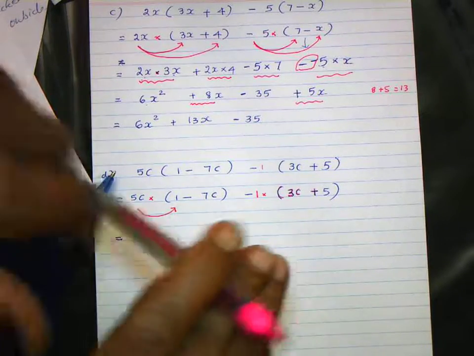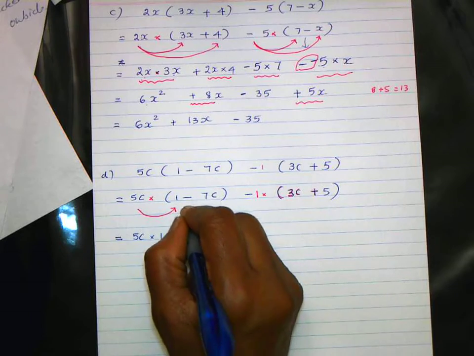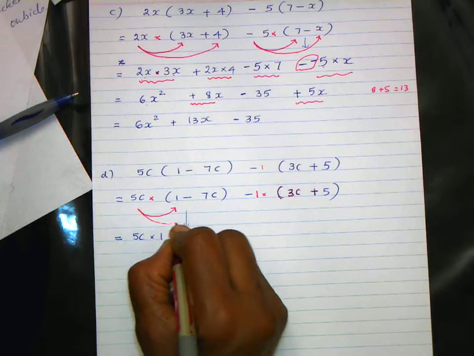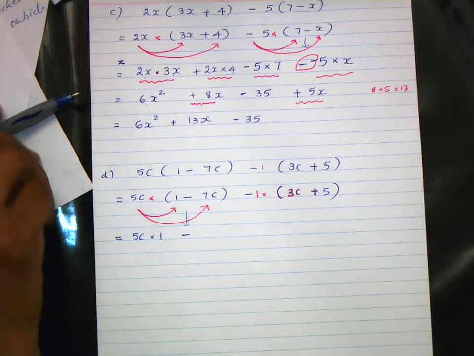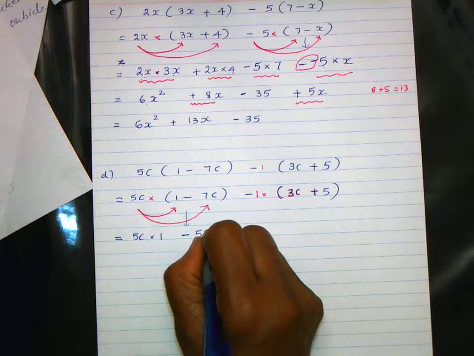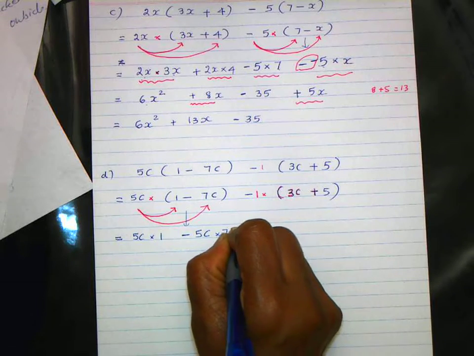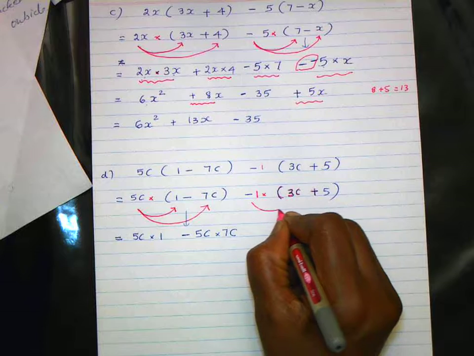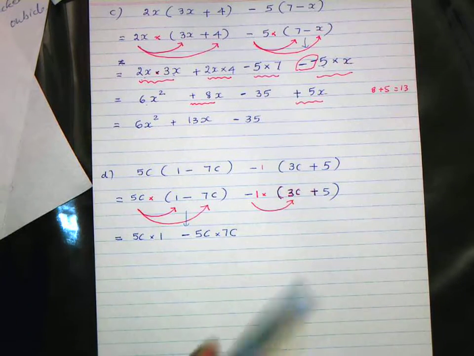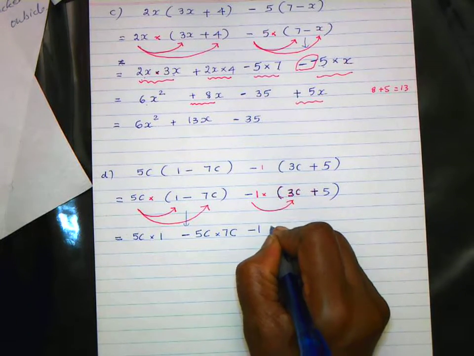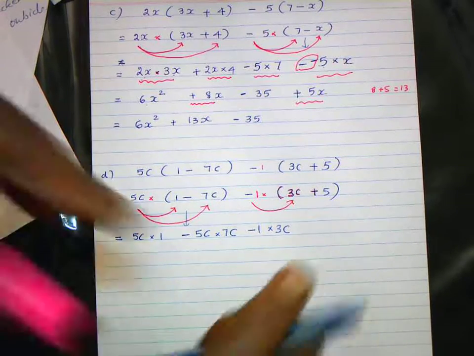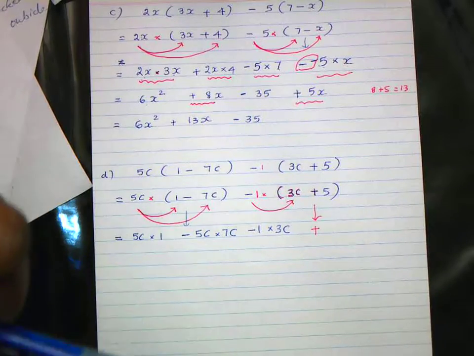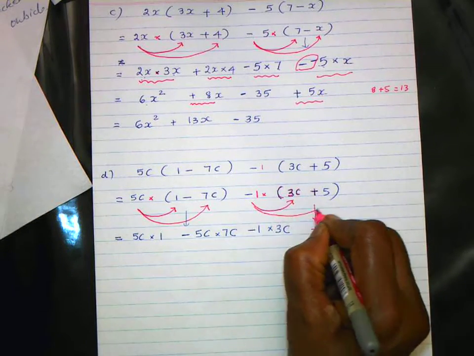Then I'm going to put the same sign, which is minus here, minus, then 5c times 7c. Then next one is minus 1 times 3c.